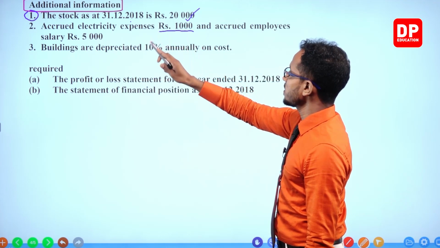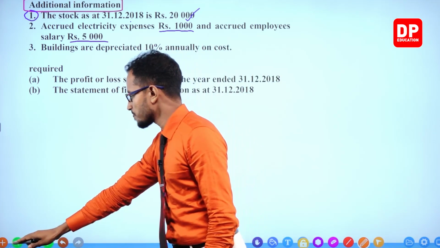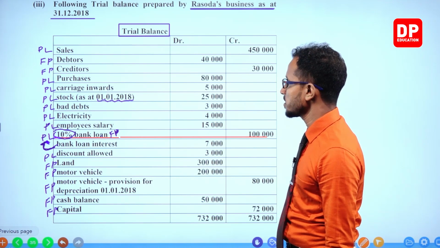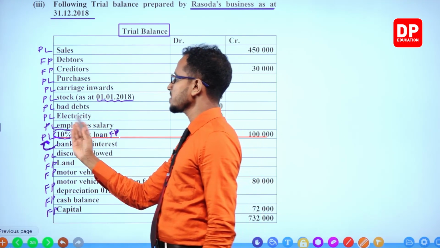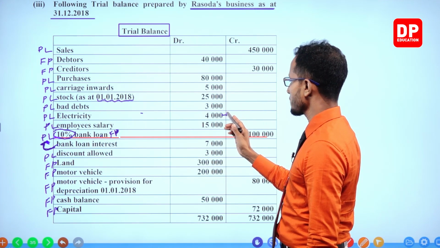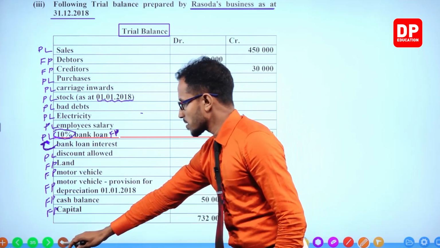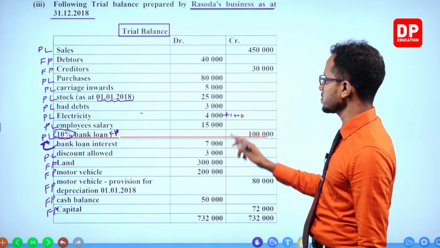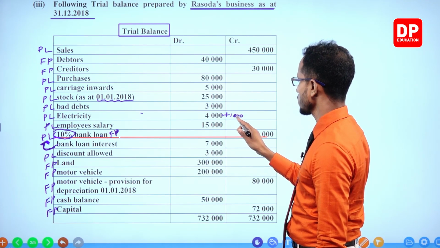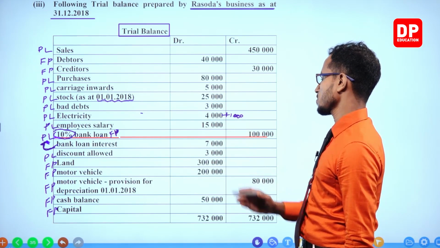Again, there is another accrued value. Salary is 5,000. Let's go and add them. Let's add 1,000 to electricity. Here we go, electricity. Add 1,000. Can you see this 1,000? It's too small, too tiny for you. No, you can see it, right? 4,000 plus 1,000, it's 5,000.